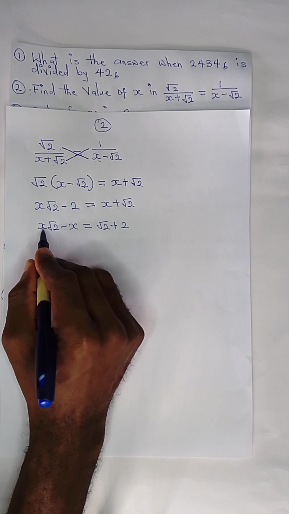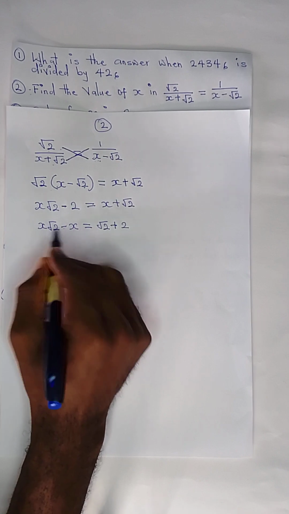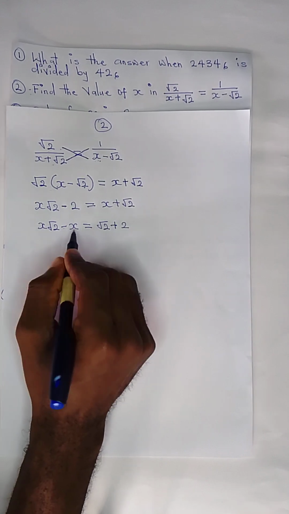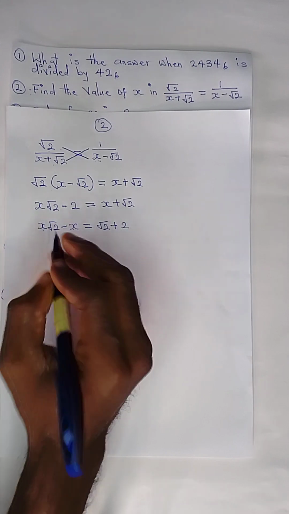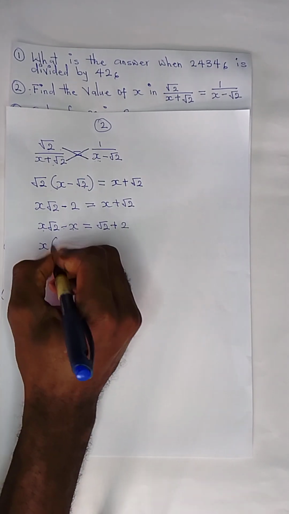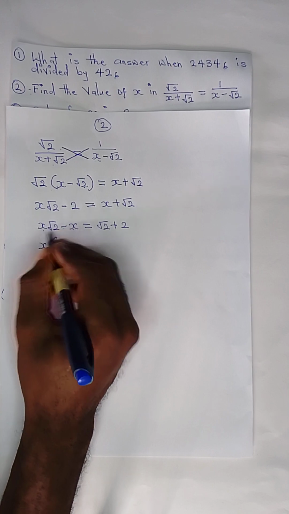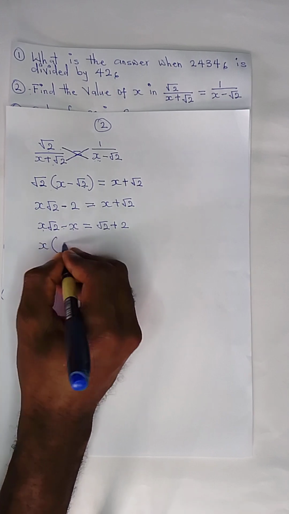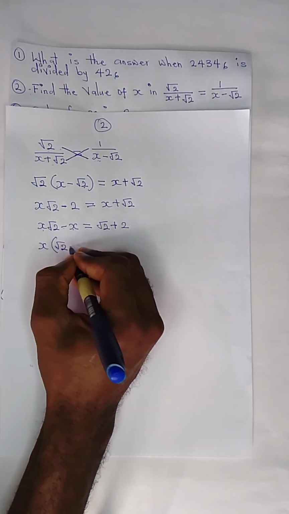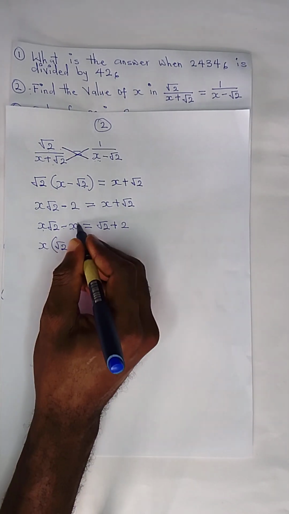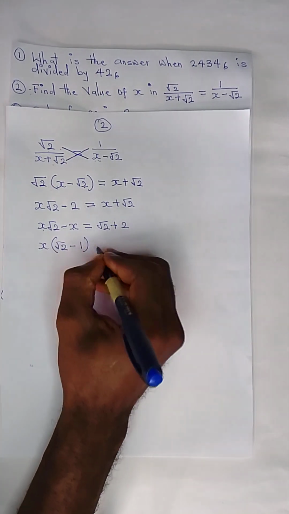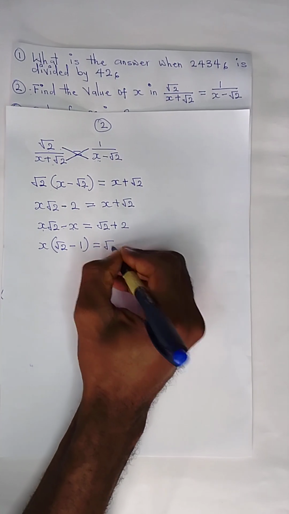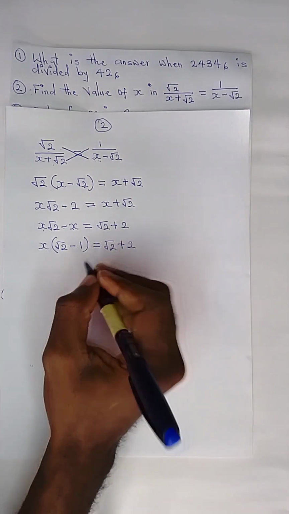So we are going to say x root 2 minus x. I can simplify this place by finding the common factor. We have x here, we have x here. So x is common. Then x will cancel this x. So what we are going to be left with in this place will be root 2 minus 1, since x goes into x one time, which is equal to root 2 plus 2.